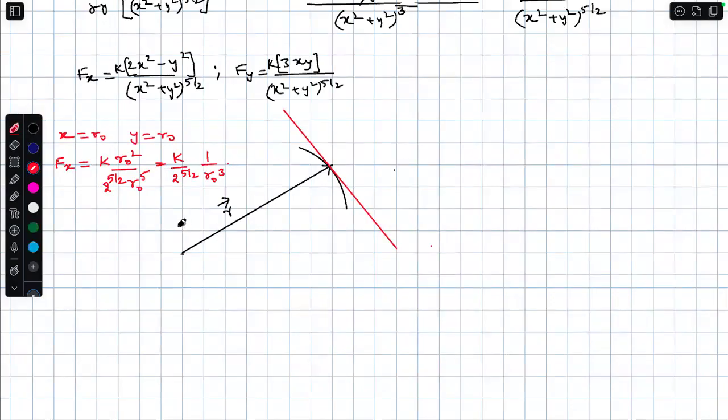Same fy also comes. The only difference is that in the numerator a 3 term came: 3k by 2 to the power of 5 by 2 times 1 by r naught cube.